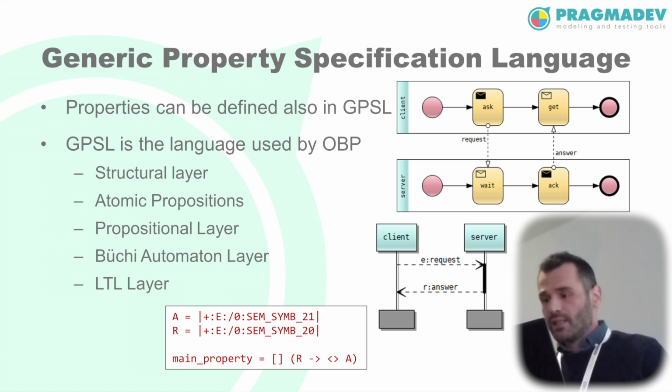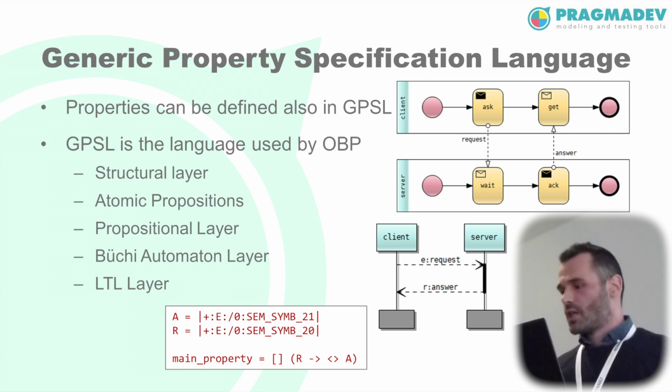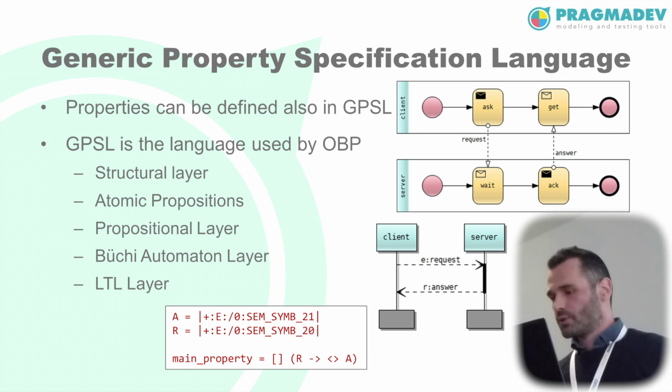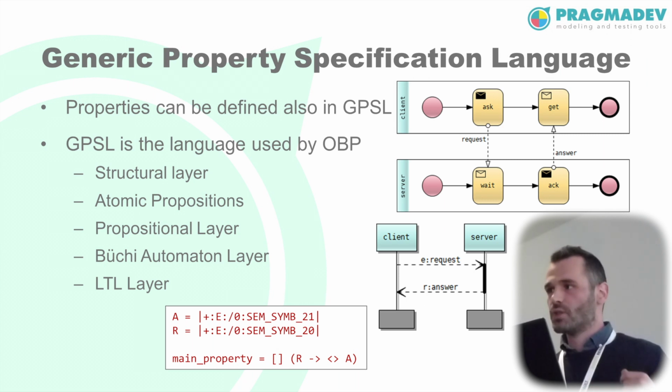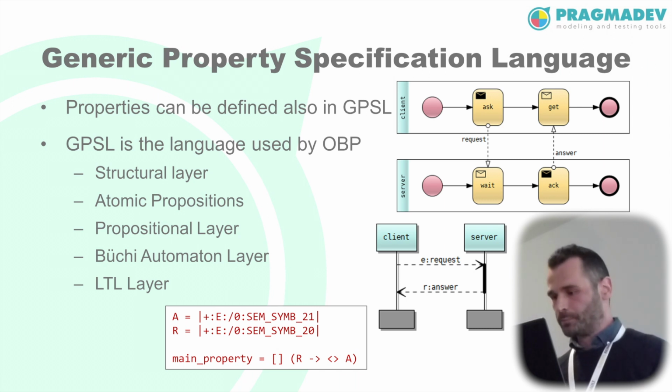Structurally, the GPSL specification is composed of a set of property definitions, and the language delegates the evaluation of the atomic propositions, as I mentioned before, to the executor. Atomic propositions are strings of characters enclosed between pipes, as shown. So this example is a representation of the same property but expressed in the GPSL language, directly recognized by the observer-based prover.